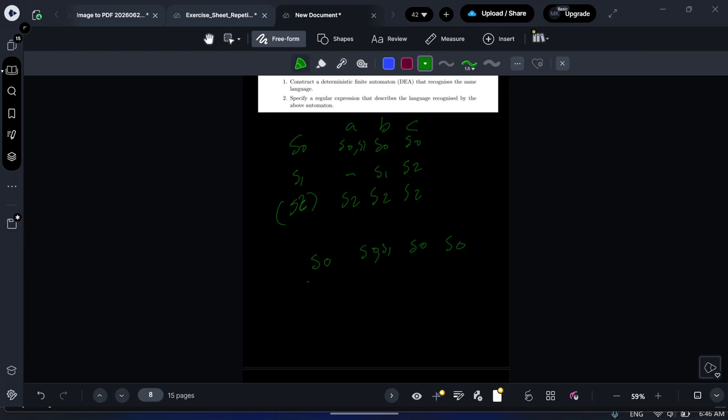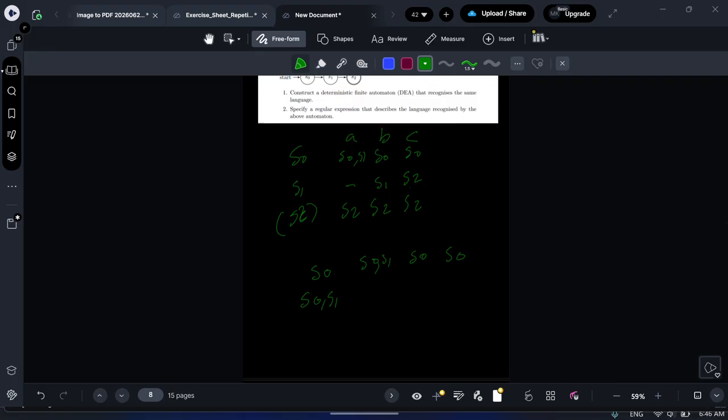We expand S0, S1, and we look at S0, S1 both at the same time. On A, S0, S1 goes on S0, S1. On B, it goes S0, S1. And on C, it goes S0, S2.